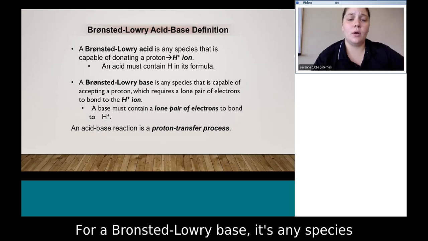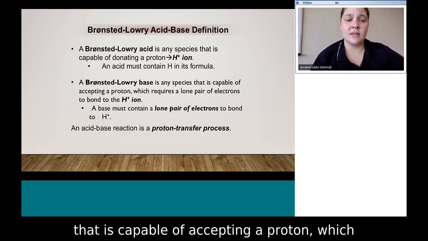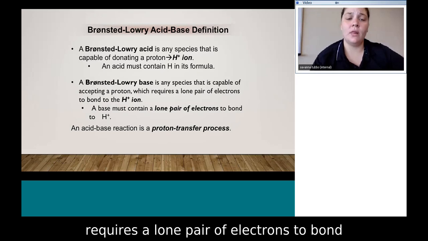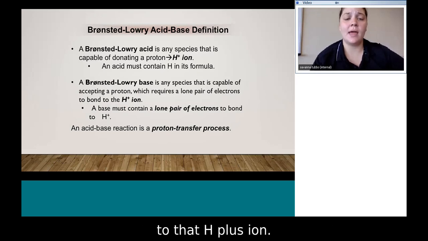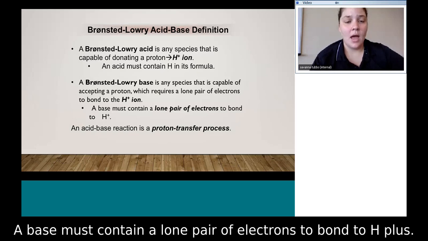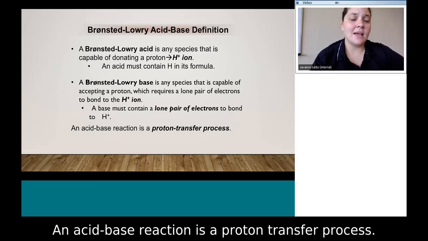A Bronsted-Lowry base is any species that is capable of accepting a proton, which requires a lone pair of electrons to bond to that H+ ion. A base must contain a lone pair of electrons to bond to H+. An acid-base reaction is a proton transfer process.